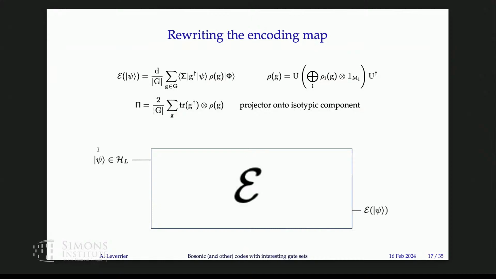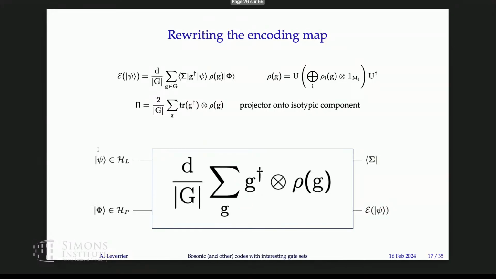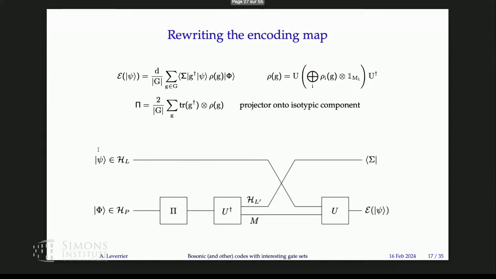So the encoding map was this thing. It takes some state psi in your logical space, and you get some encoded state in your physical space. This map is given by this big operator, and you also input your physical state phi that you chose, and you project onto the logical state sigma that you chose also. If you work out the math, you can check that this map corresponds to this kind of circuit.